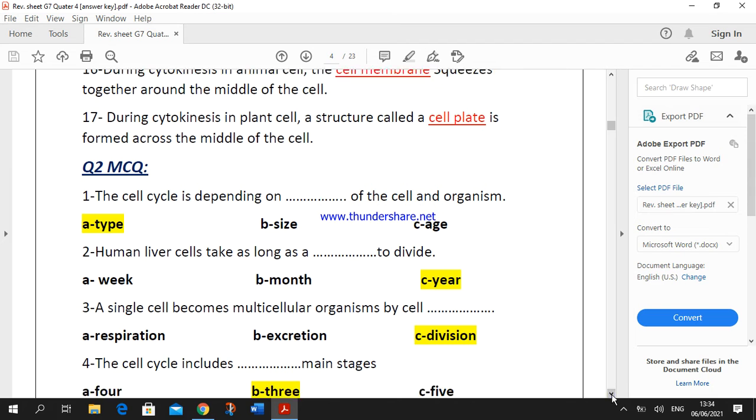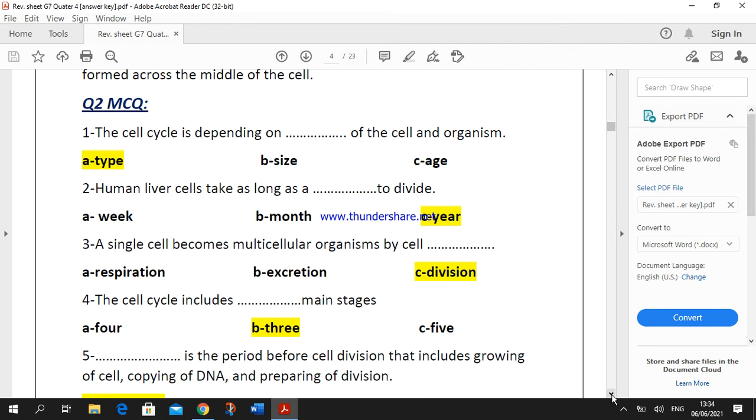MCQ. 1, the cell cycle depends on the type of the cell and organism. 2, human liver cells take as long as a year to divide, okay, to make a division. 3, a single cell, okay, becomes a multicellular organism by cell division.